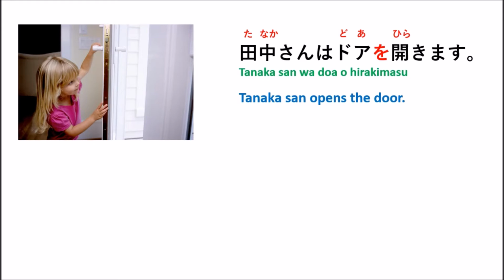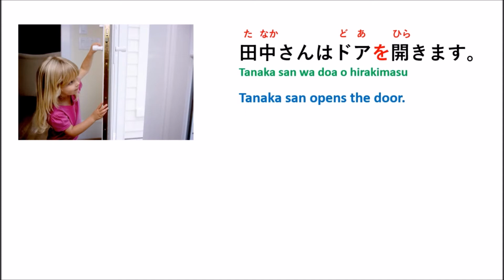It's not I, right? So when you want to say another person opens the door, you can say that person's name followed by wa, and after that followed by door o hirakimasu, which means Tanaka-san opens the door or that person opens the door.